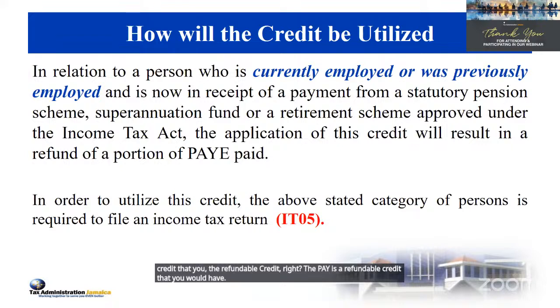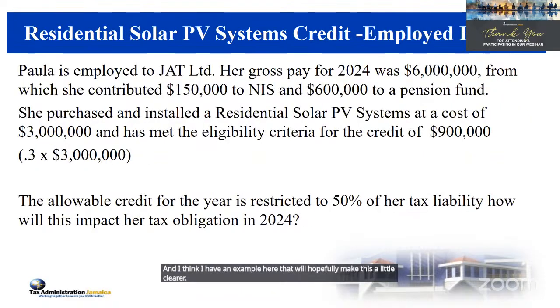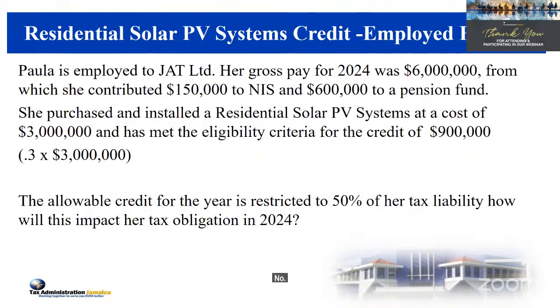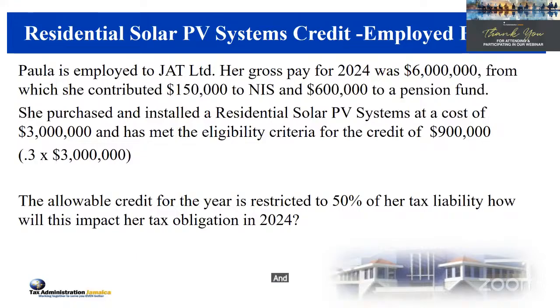And I think I have an example here that will hopefully make this a little clearer. Now, let us look at this scenario. Paula is employed to JAT Limited. Her gross pay for 2024 is $6 million, from which she contributed $150,000 to NIS and $600,000 to a pension fund.